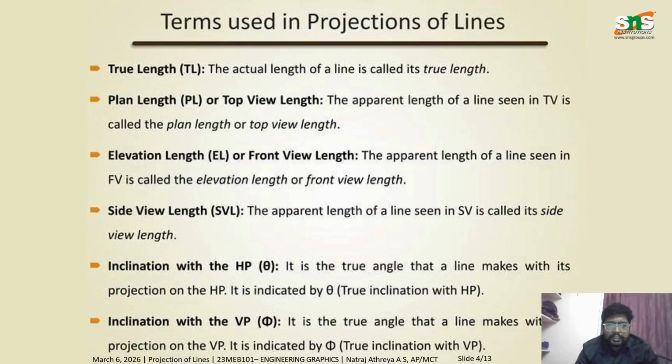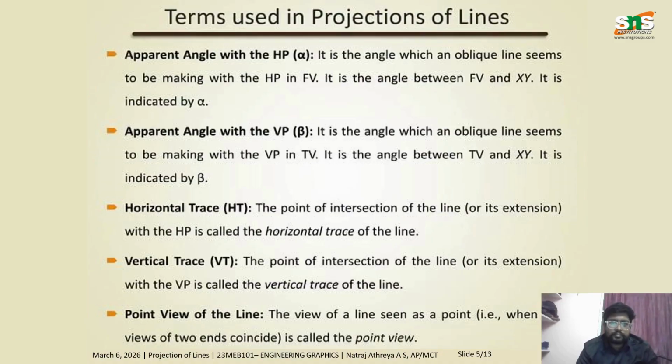And then we have inclination with HP and inclination with VP. Inclination with HP is marked by theta, and inclination with VP is marked with phi. Similarly, apparent angle with HP is alpha, apparent angle with VP is beta, and the horizontal trace and vertical trace are all used to find the extension of the line.